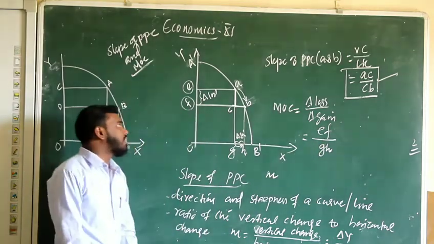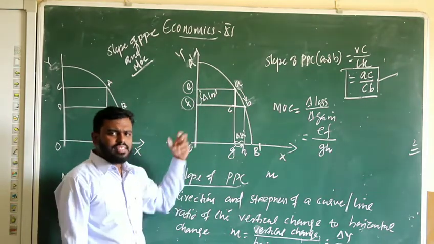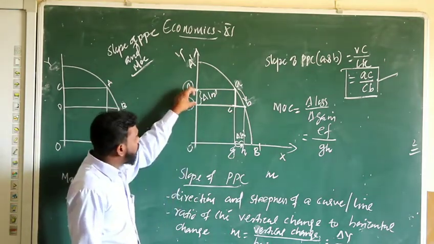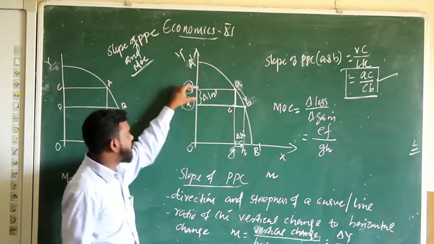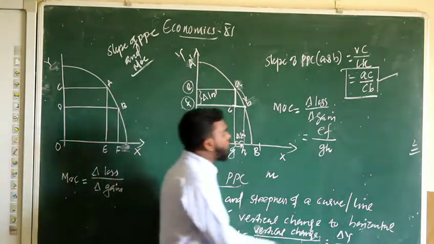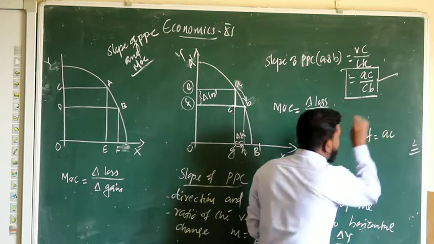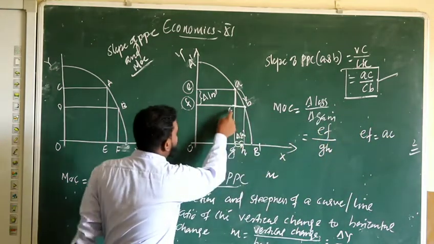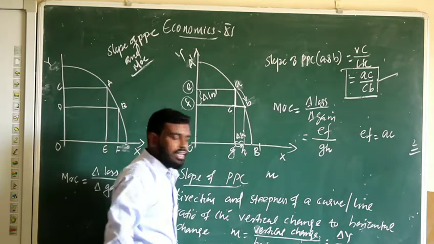Now just observe EF and AC, are both same or different? EF is the same distance, AC is also the same distance. If it is 2 centimeter, this one is also 2 centimeter. So we can conclude that EF is equal to AC, and CB is absolutely equal to GH.